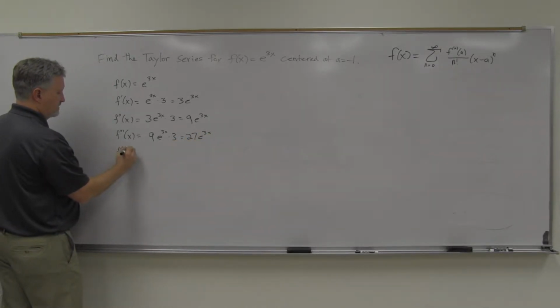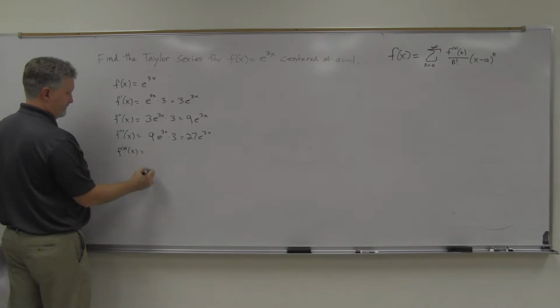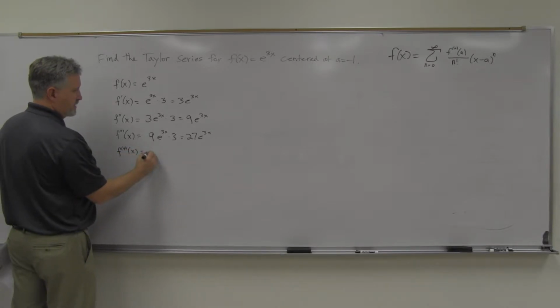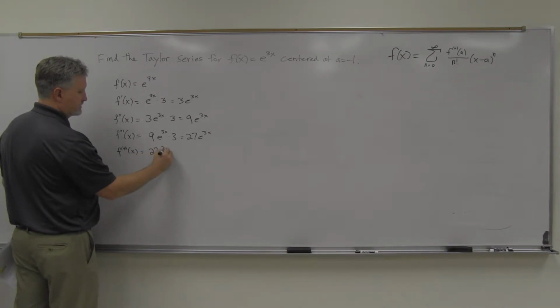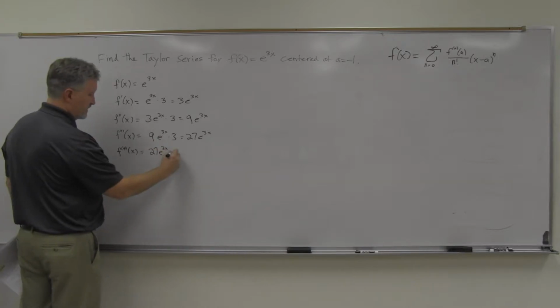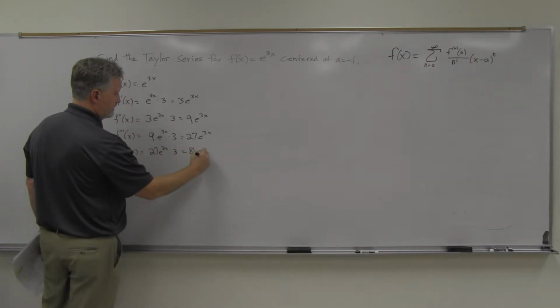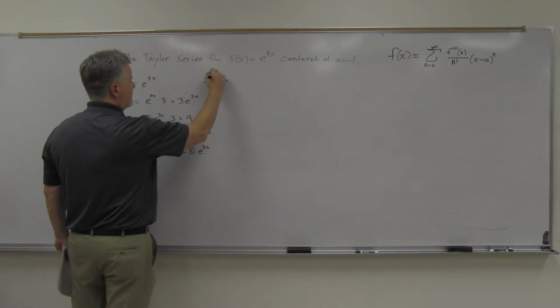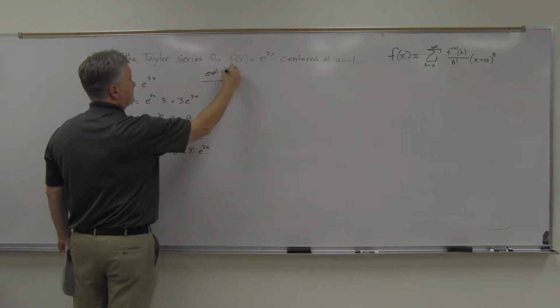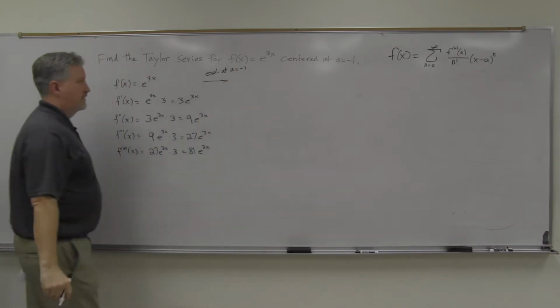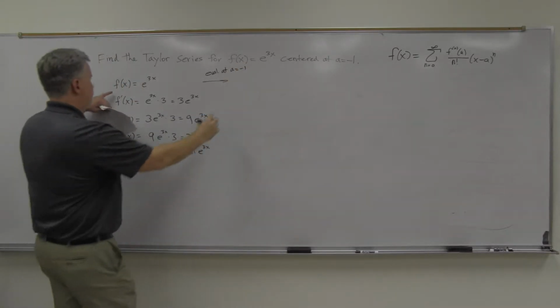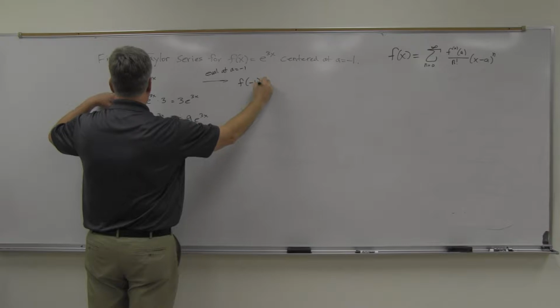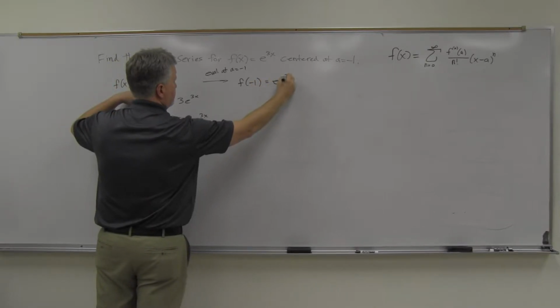Maybe we got the general feel here, but let's do one more. You have 27 e to the 3x, times another 3, so you get 81 e to the 3x. Now evaluate those at a equals -1, or x equals -1. So f of -1 is just e to the -3.